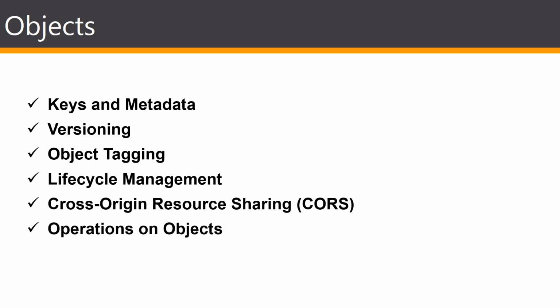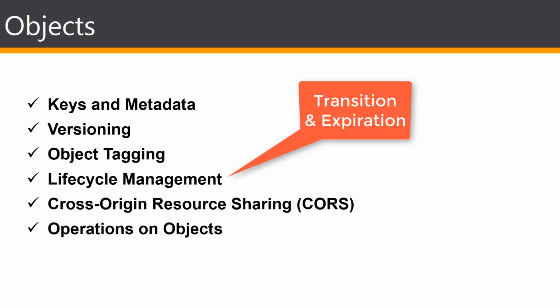Now, to manage your objects so that they are stored cost effectively throughout their lifecycle, we have to configure something called the lifecycle policy. A lifecycle configuration is basically a set of rules that define actions that S3 applies to a group of objects. There are two types of actions that we can define in a lifecycle policy: transition actions and expiration actions.